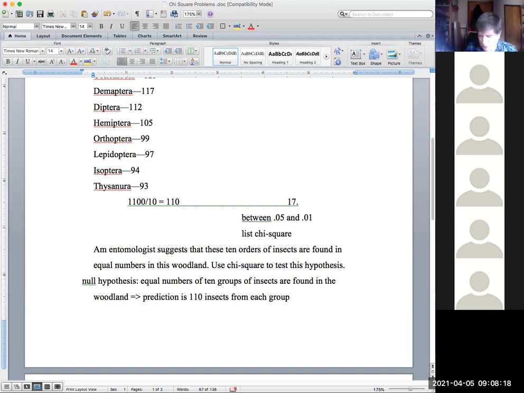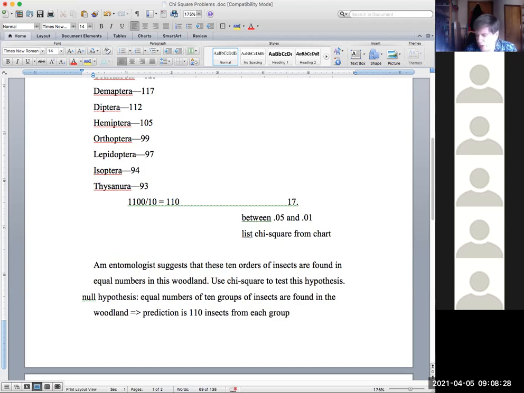The chart's on a different page, so I don't have that open now. You had to tell me this, and then you had to say whether you accepted or rejected the hypothesis. And if you rejected it, what level of significance did you reject it at? And if the results were statistically significant or not.